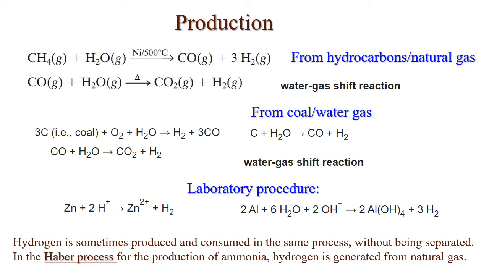Hydrogen is sometimes produced and consumed in the same industrial process without being separated. As an example, in Haber process for the production of ammonia, we do not have hydrogen as a separate product. We take natural gas, produce hydrogen, and then run production of ammonia using the same setup.